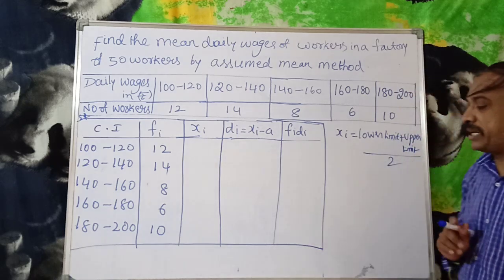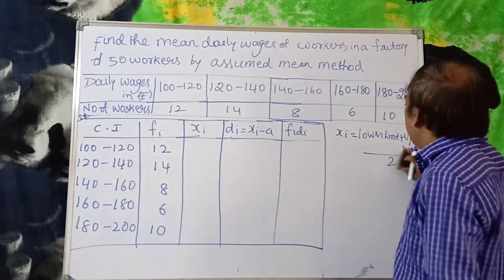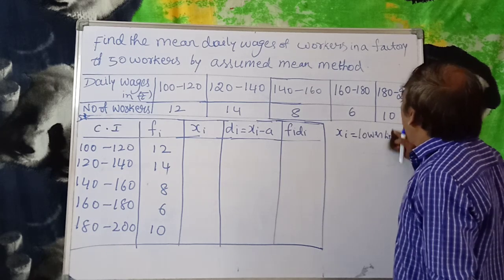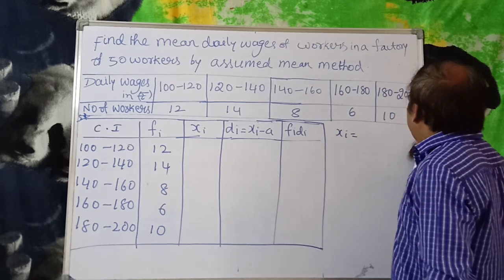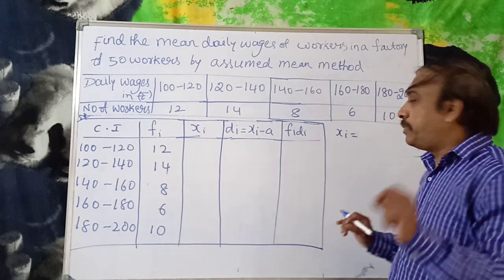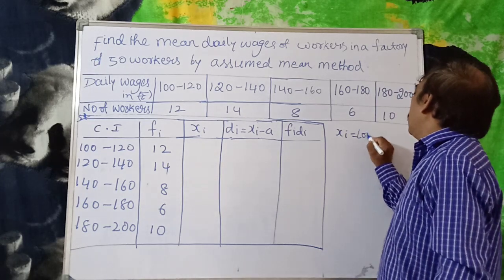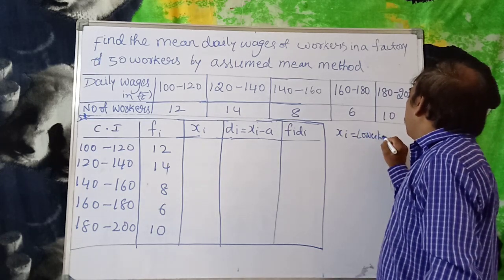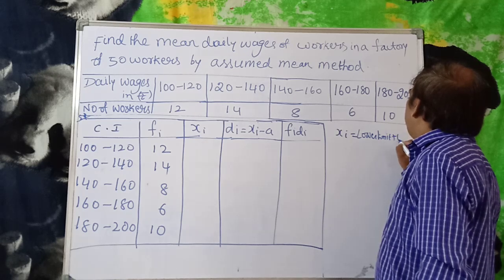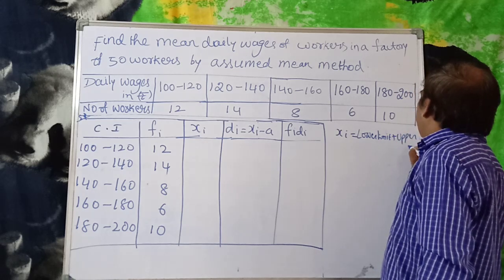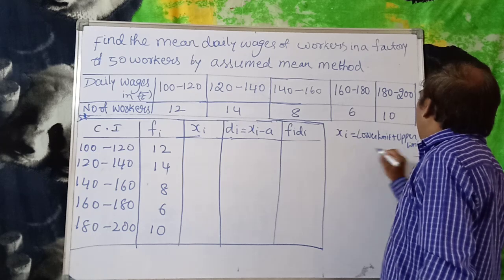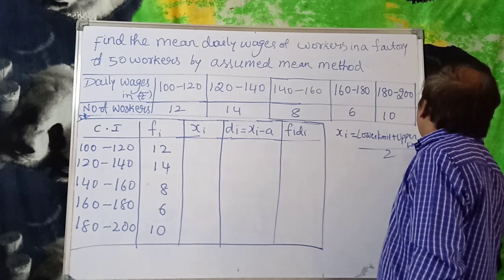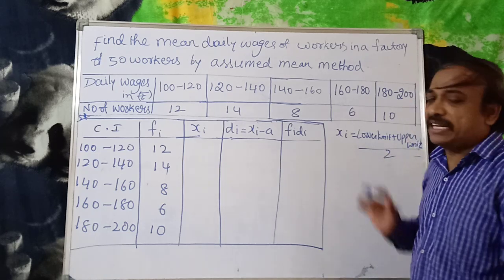Shortly you can write it as LL, but you have to write it in full form as the lower limit plus upper limit by 2. That is the class mark.